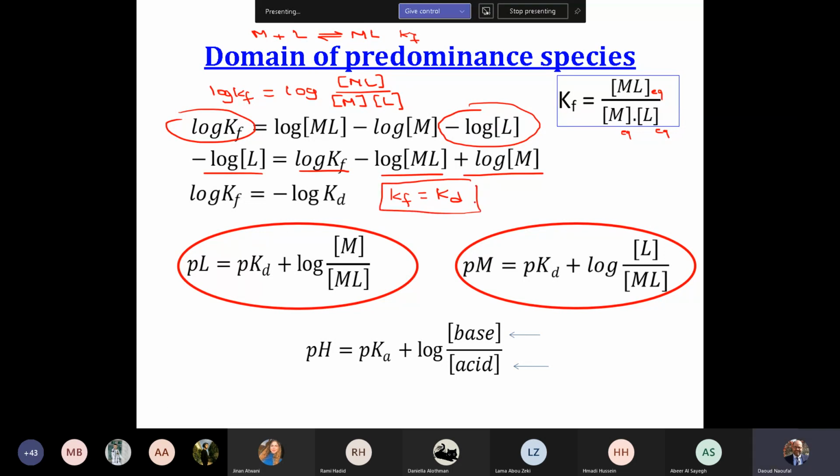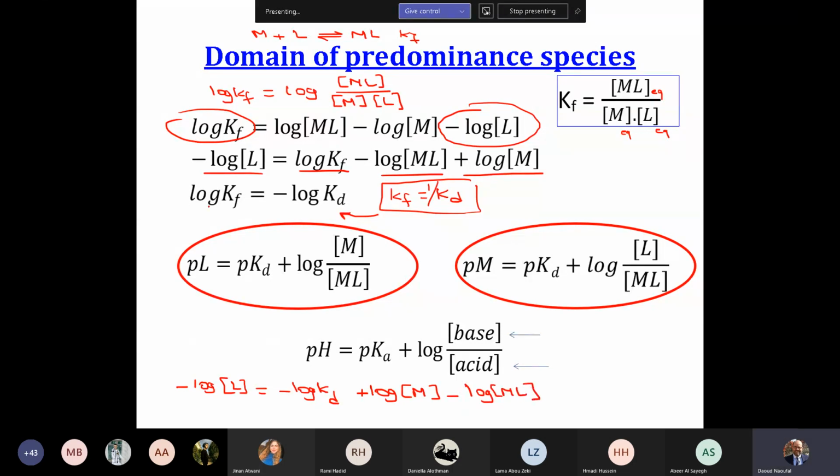So log Kf equals 1 over Kd, which implies log Kf equals minus log Kd. So what would be the relation? Minus log L equals log Kf minus log Kd, plus log M, minus log ML.